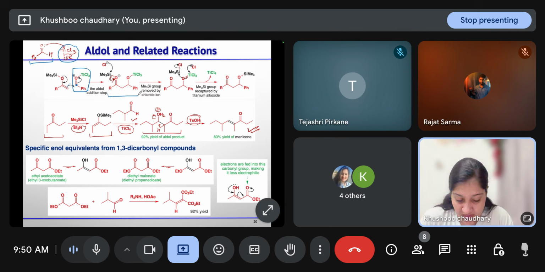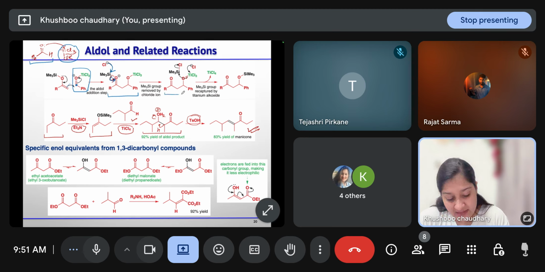So this species will form. Then Cl negative will generate in the reaction. Cl negative will remove this silicon to neutralize the positive charge on the oxygen. So you will get this compound. Now, to remove this TiCl3, again Cl negative will attack and this O negative will generate. Because O negative and TMS are there in the system, this O negative will attack on the silicon to give you this compound.